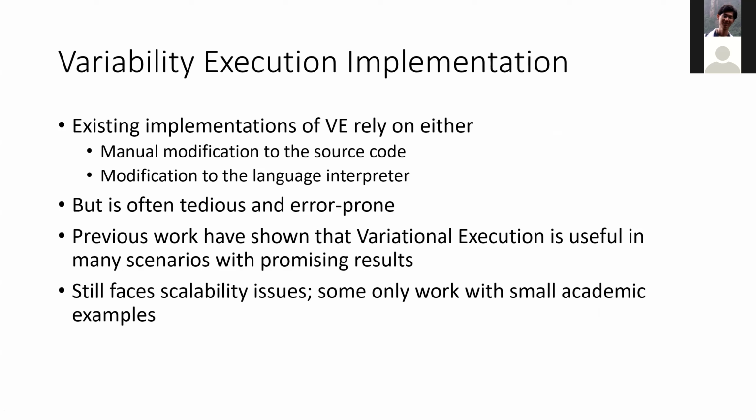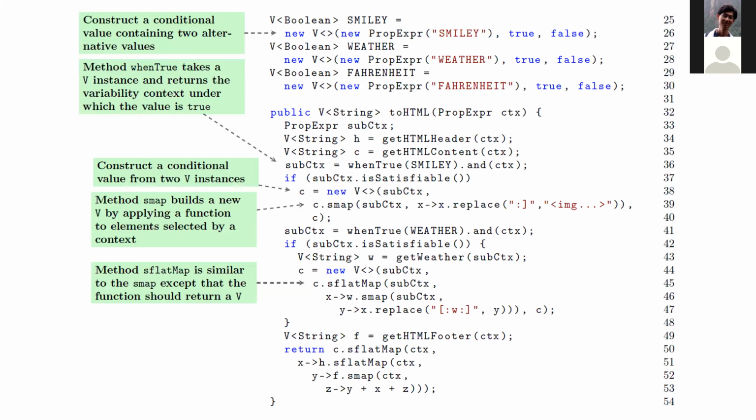Yeah. So from the previous example code, this is how manually rewriting the code will look like to achieve this variability execution. I won't go through it in a lot of detail, but I'll go through some of the main points. At the start, we know that each configuration has 2 possible values.